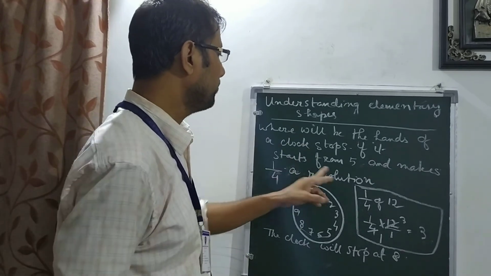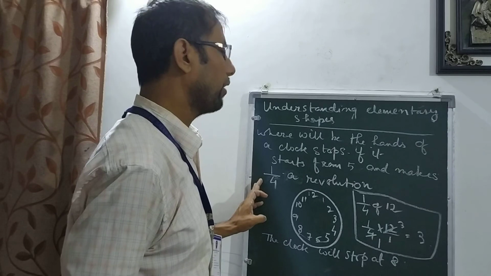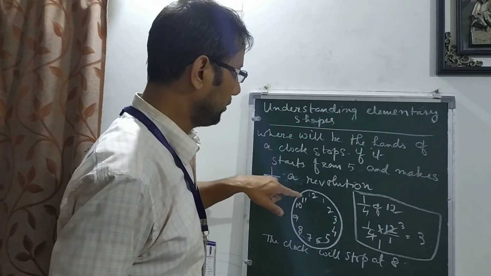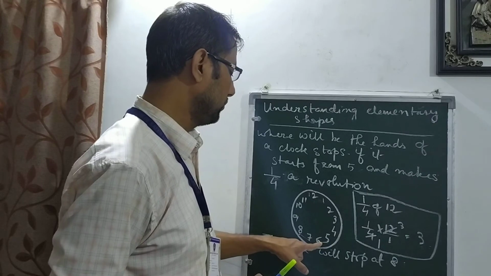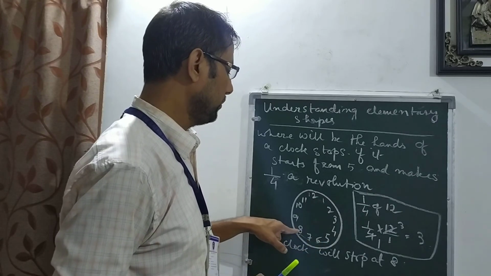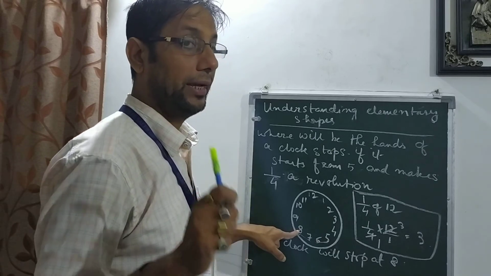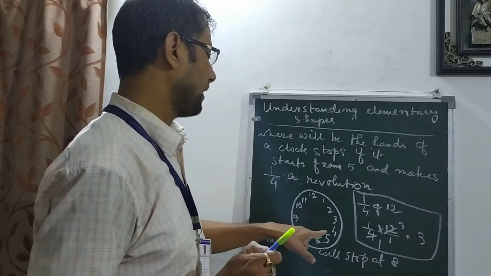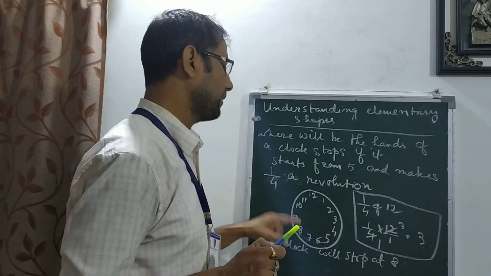It starts from 5 and moves 3 parts. From 5, I will count 3 parts: 1, 2, 3. So it will stop at 8.